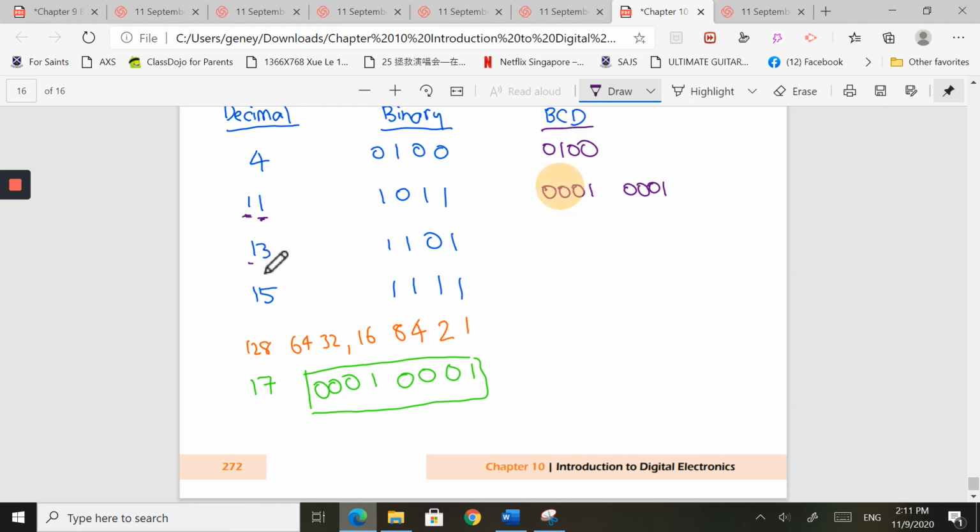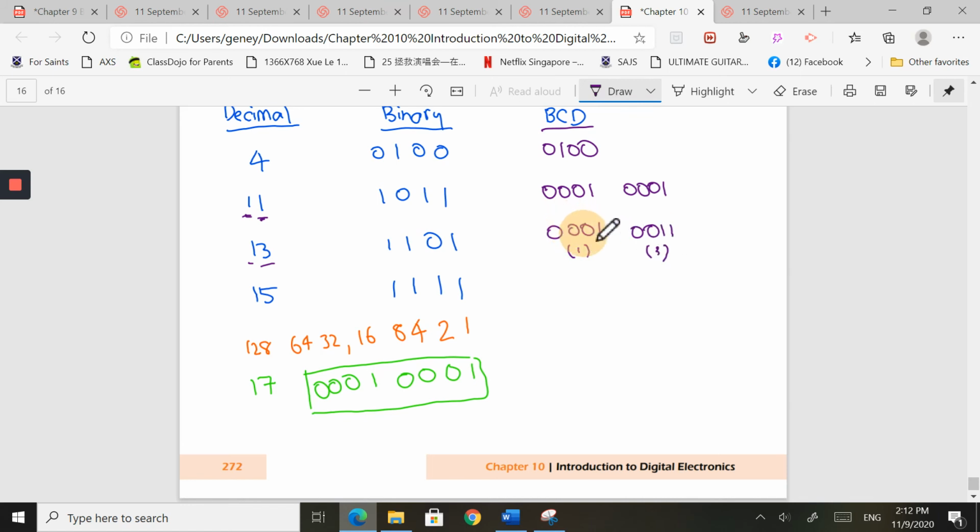let's do 13. So 13, I'm going to take individual decimal digits. 1 is a 0001. This is my 1. And the 3 of the 13 is 0011. So this is the 3.